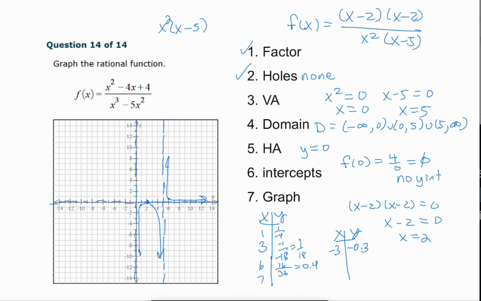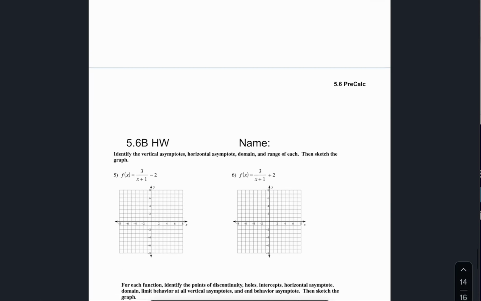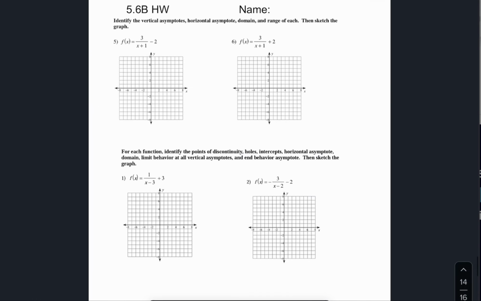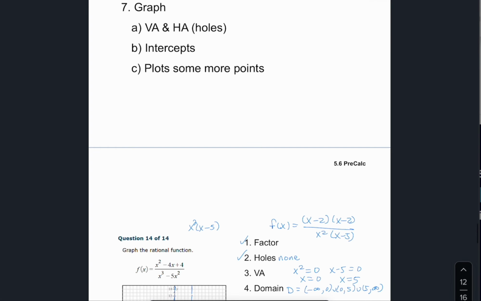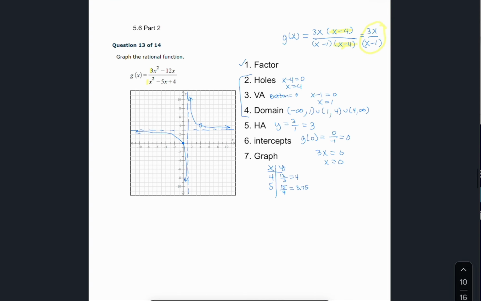So at -3, I'm about -0.3. So that tells me that piece is living here. And then, of course, you can always check these in Desmos because they're very strange. So it's not a bad idea to throw them into Desmos. So that should be a lot of the information you need to find the graphs for those problems. And then we'll practice some other ones later on.